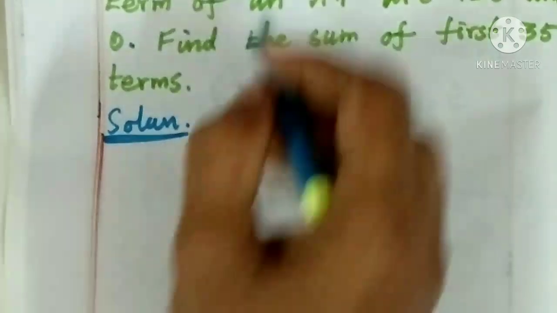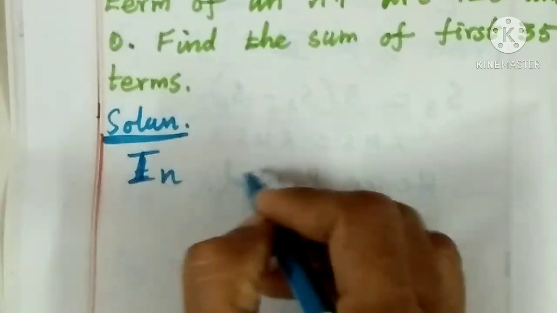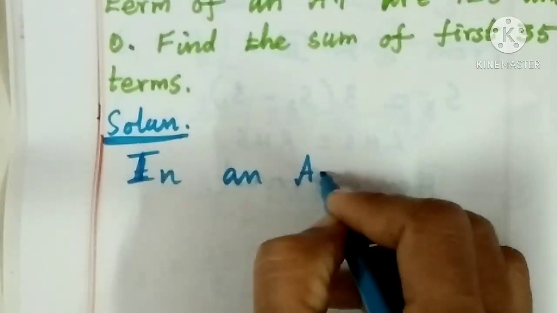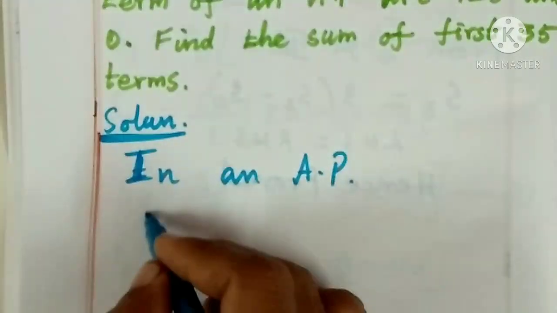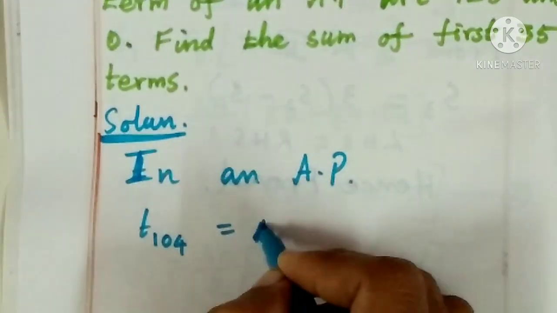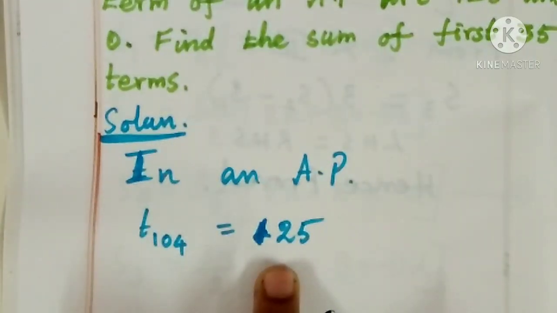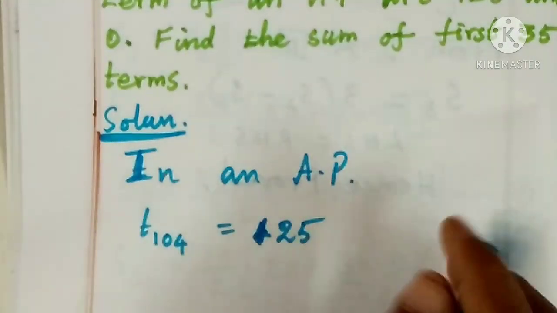First you take down and write the given. In an AP, T104 is equal to 125.